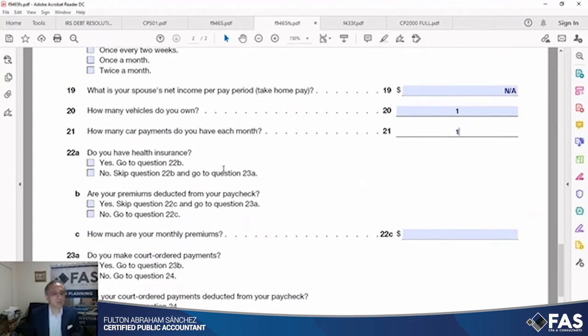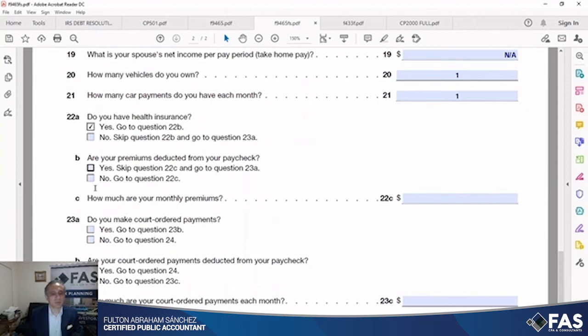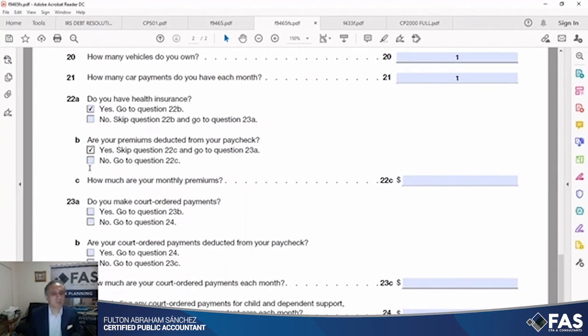1. Do you have insurance? Then yes. Are your premiums deducted from your paycheck? If your employer provides some health insurance, then yes. How much are monthly premiums? This is how much you pay for the insurance plan that you have with your employer.